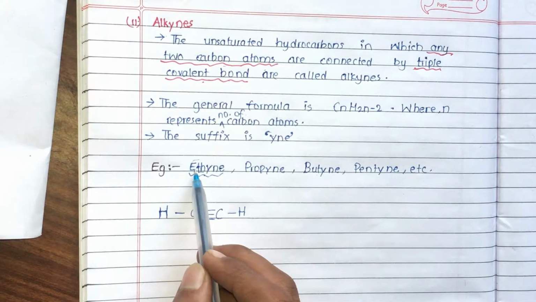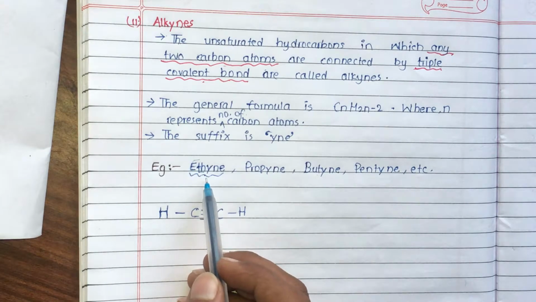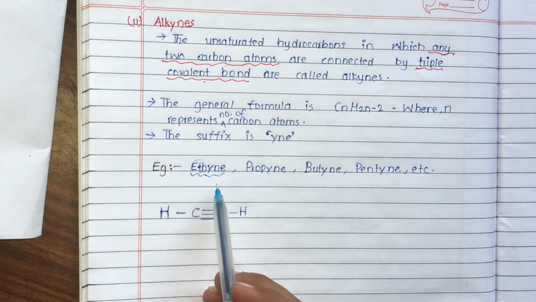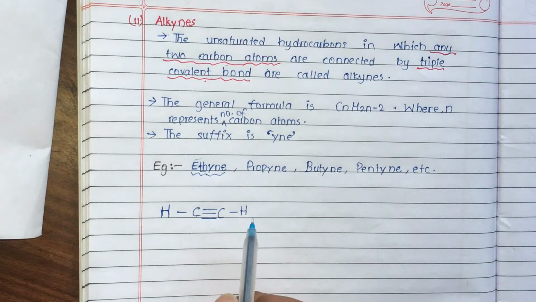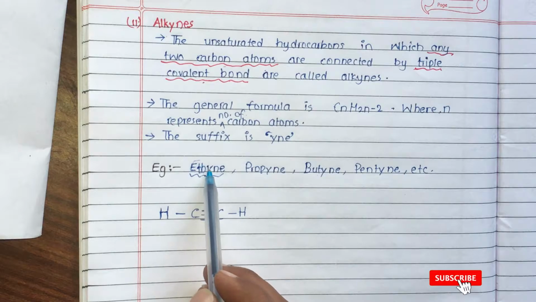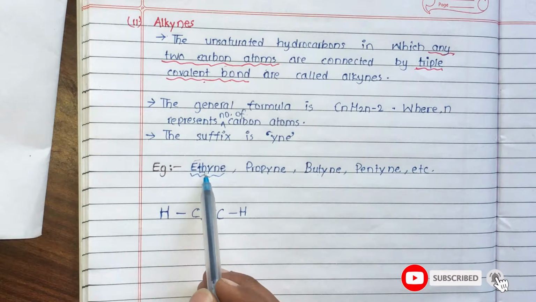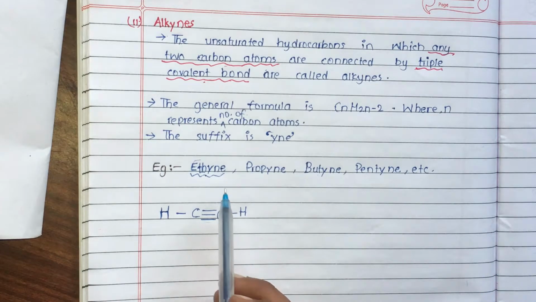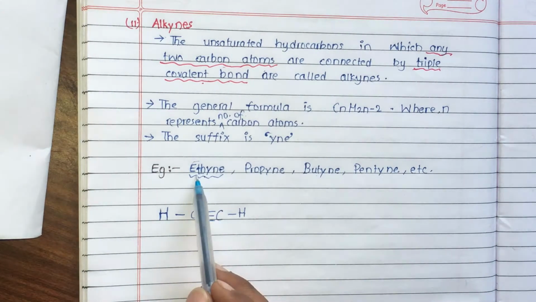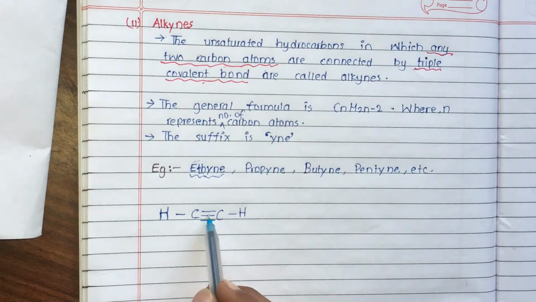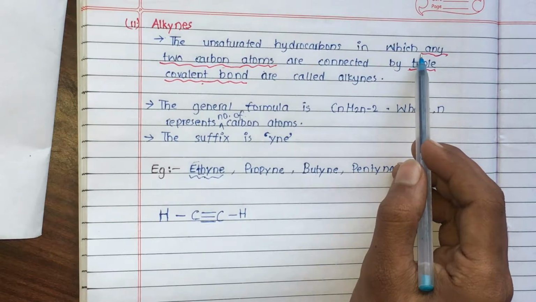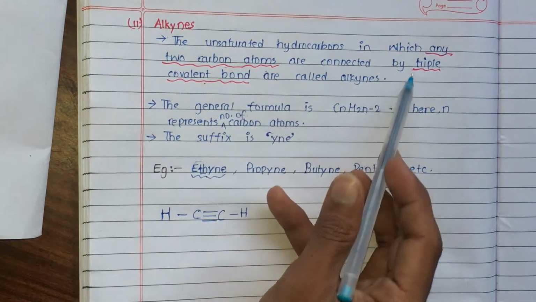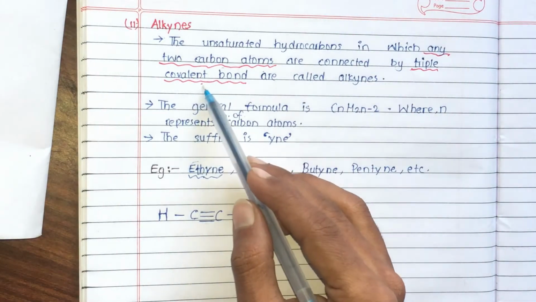And we have to understand the structural formula of alkynes, and I am going to take ethyne as an example to draw the structural formula. In our previous video we read the basic terms: we use the word root eth only if there are two carbon atoms in the hydrocarbon. According to the definition, any two carbon atoms are connected by a triple covalent bond.